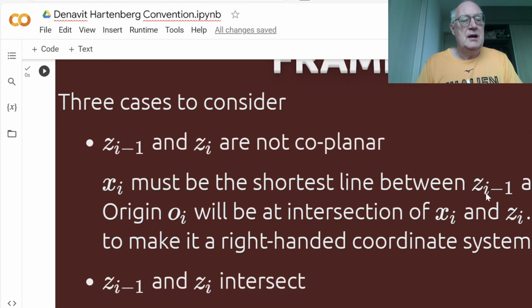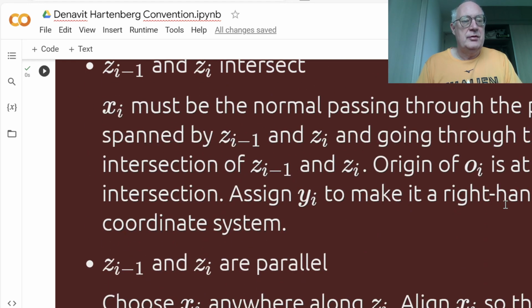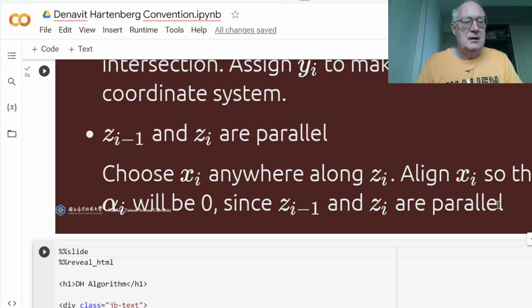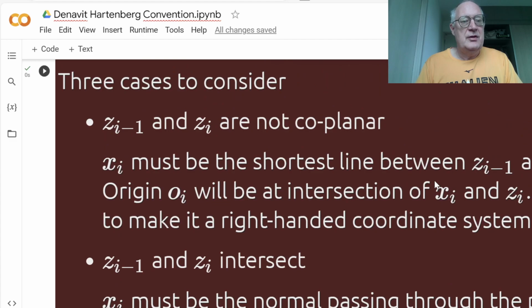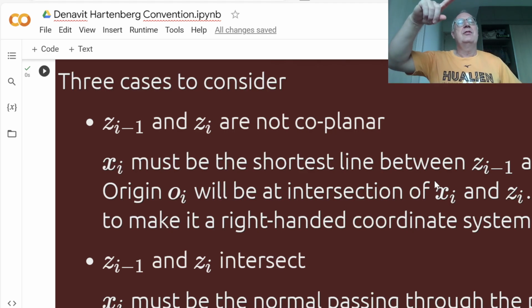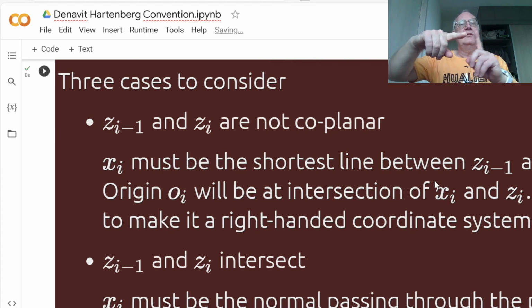So now we need to consider the three possibilities when assigning the axes for the other links. If z_{i-1} and z_i are not coplanar, then one z-axis is like this, the other z-axis is like that.